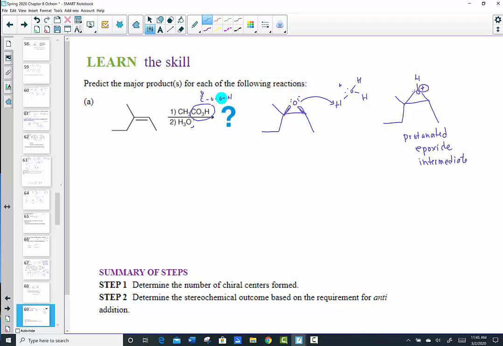Alrighty. So the 2 carbons that were in the double bond are held together by 2 wedges leading out to the oxygen. We formed a protonated epoxide intermediate.